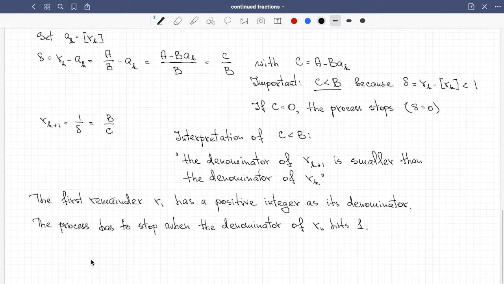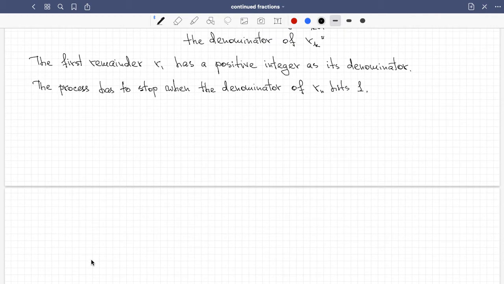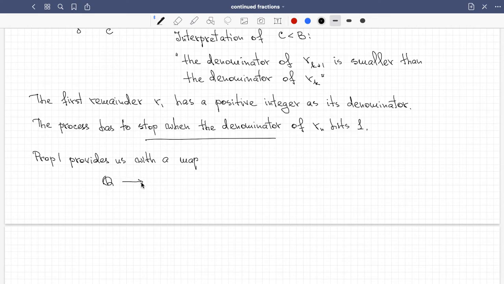For rationals, the proposition provides us with a map from rationals to finite continued fractions.